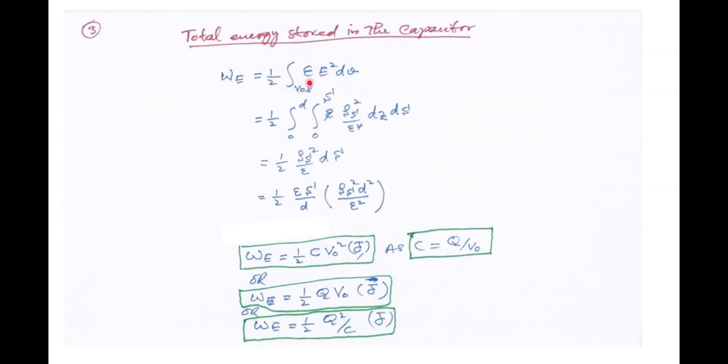So using the electric field due to surface charge density and evaluating the volume integration over the spacing between the two conductors and the incremental area, we obtain that the total energy stored in the capacitor is equal to 1 upon 2 epsilon S divided by d, times rho_s squared d squared over epsilon squared.